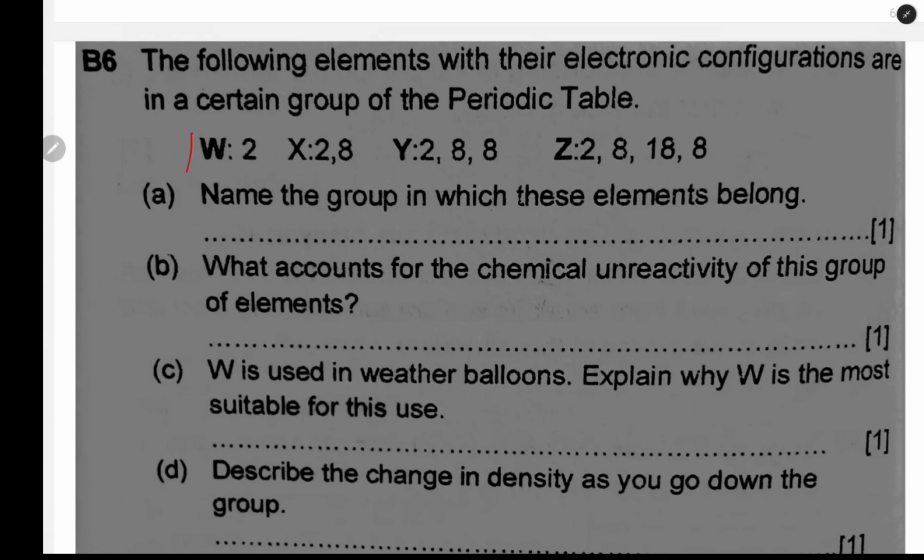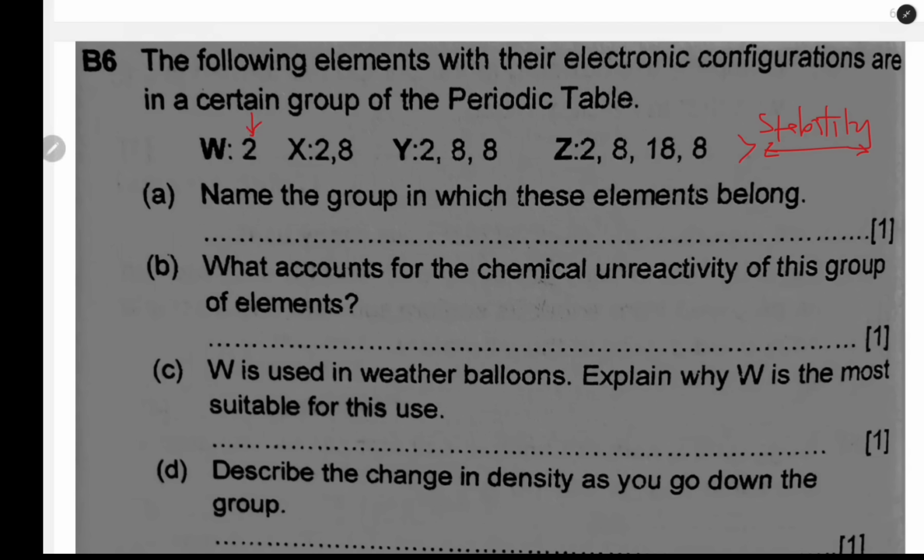So we have W, which has only 2, X, which has only 8, this one 8, 8. Now, just by looking at this, you will see something, and that is the stability. They are all stable because 8 represents stability in the outermost shell if the number of shells is more than 1. 2 represents stability if there is only 1 shell.